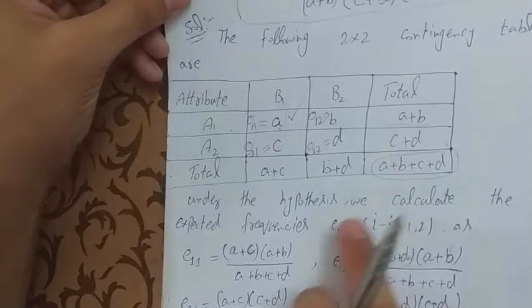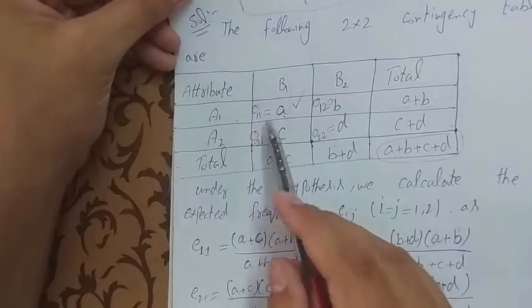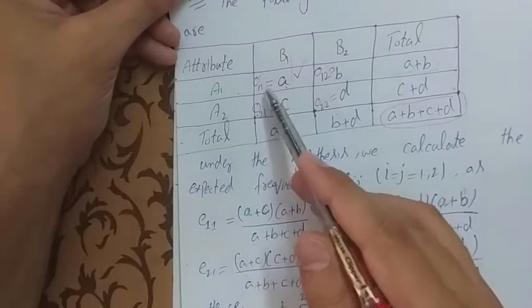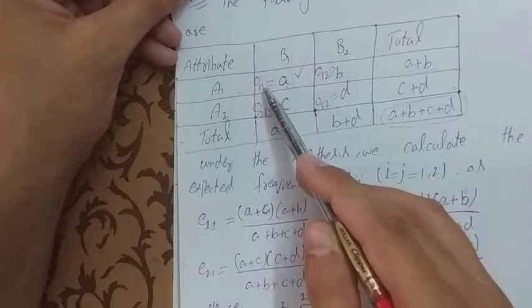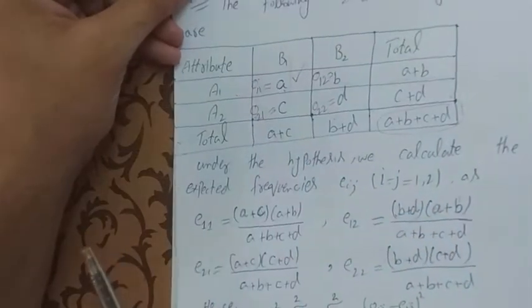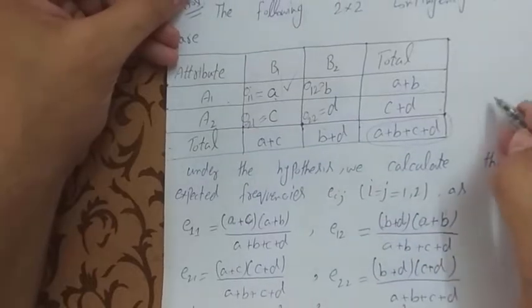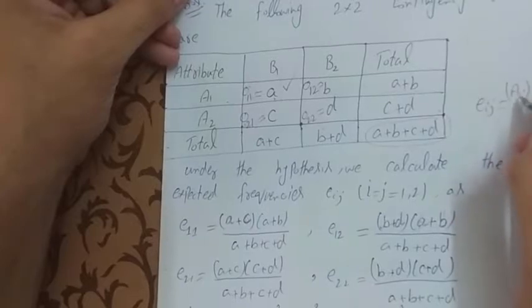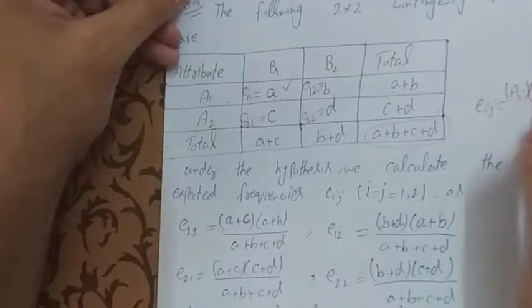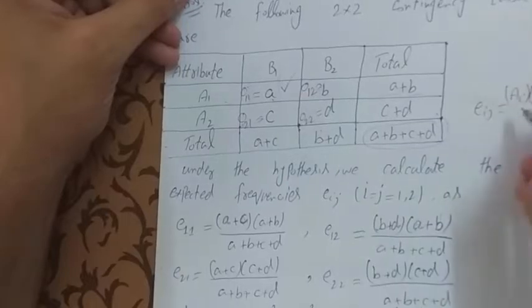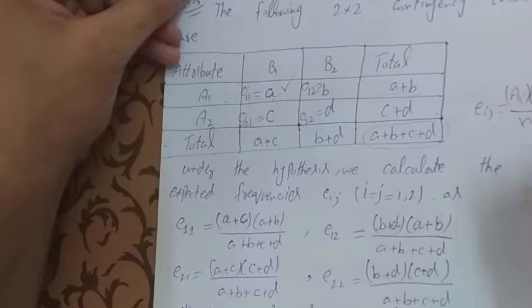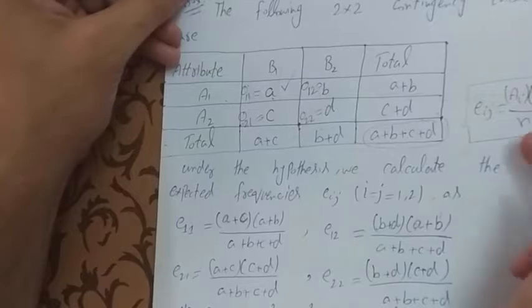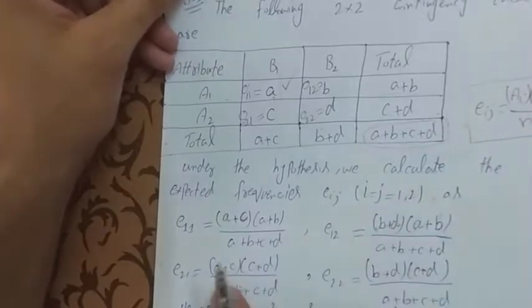Similarly we find out the expected values like the observed values. How will we find the expected values? You know the formula for the expected values: E_ij equals A_i, the ith row total, times B_j, the jth column total, divided by small n, the total marginal. This is the formula to find the expected value in a contingency table.